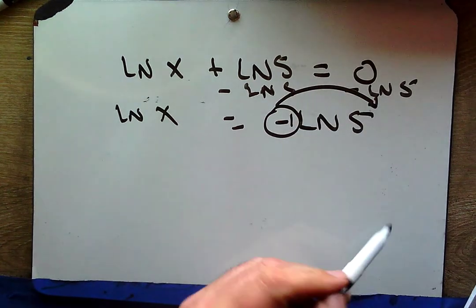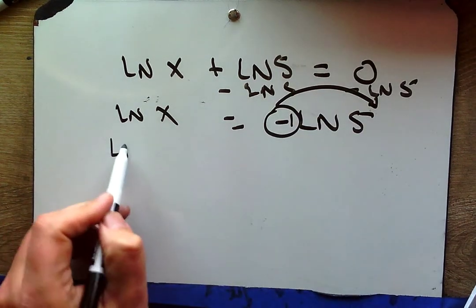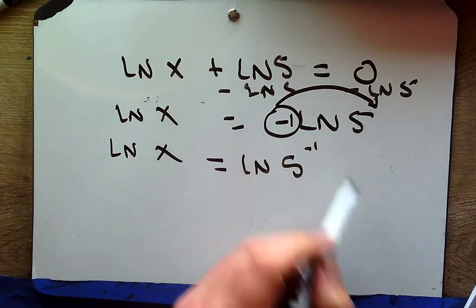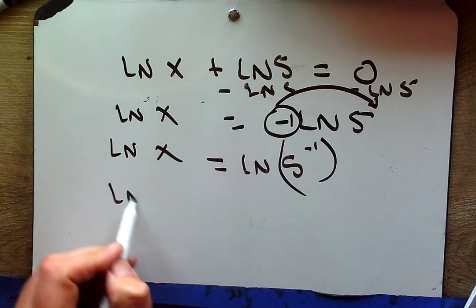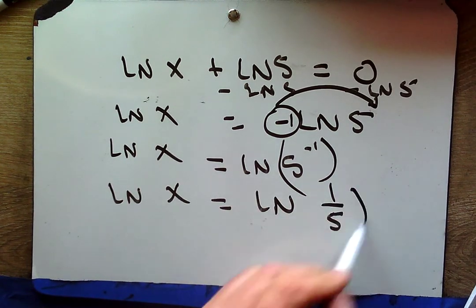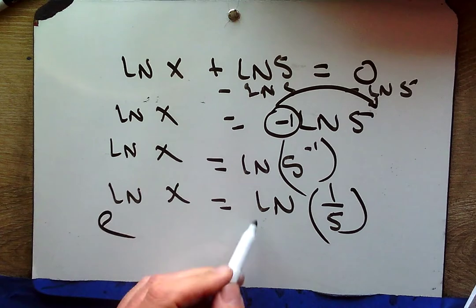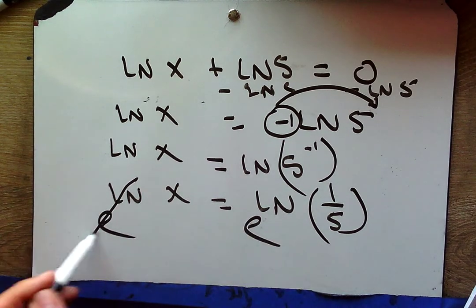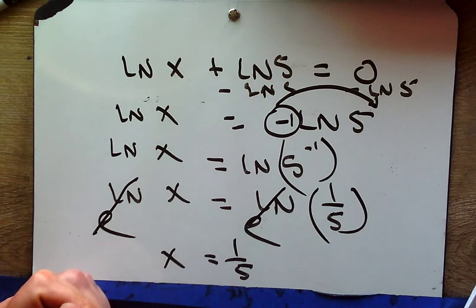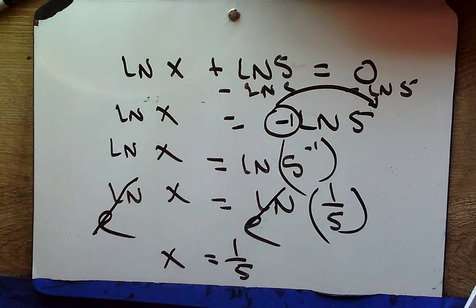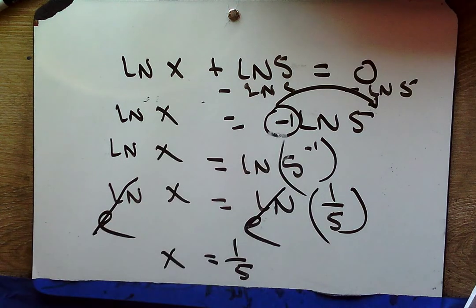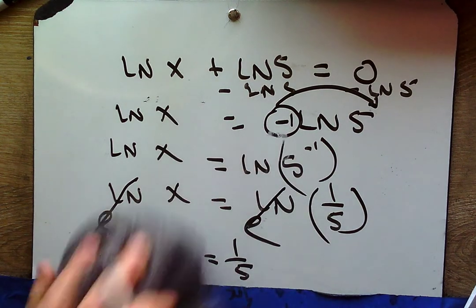I have to use the power property in reverse: ln 5 to the -1, which is the same as ln of 1/5. Nice. And now I can exponentiate, and I get x equals 1/5. Ta-da! Same, same. A lot of people mishandle this, which is one of the reasons I like condensing more.